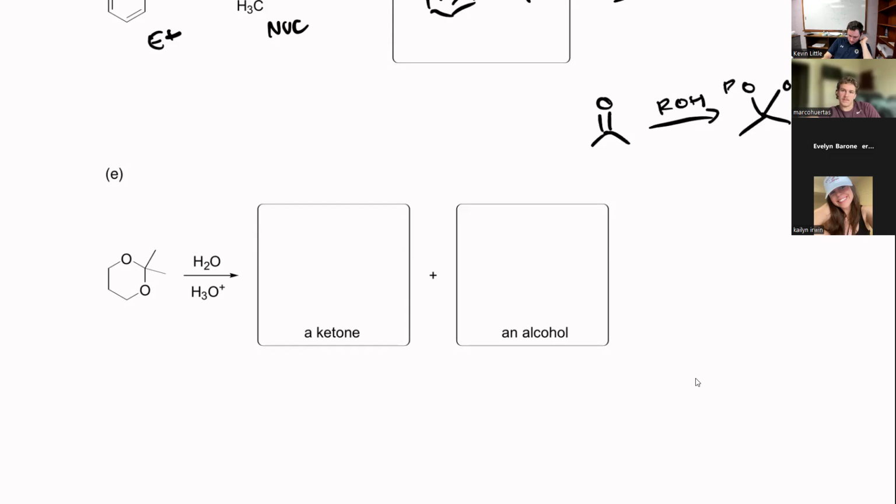Yep. This process was reversible. If you add H3O plus, so acidic water, you can get it to go back, right? Where the water oxygen becomes the carbonyl oxygen. So this is a reversible process. You can see that X shape you're talking about with the acetal.